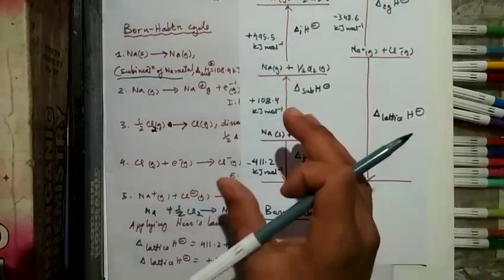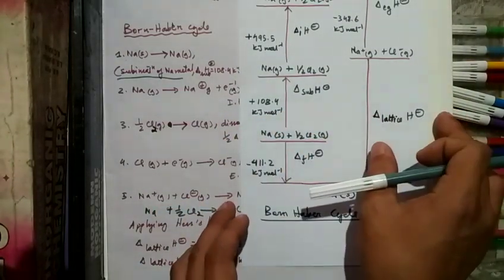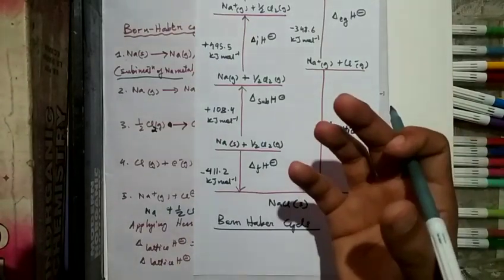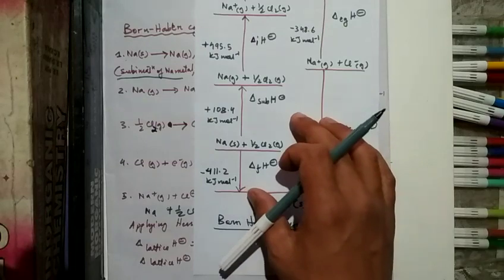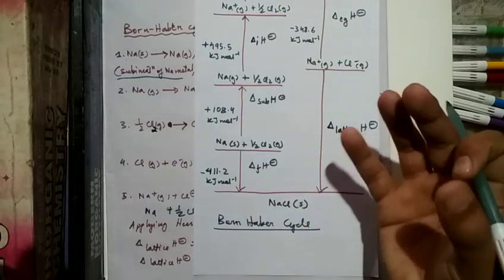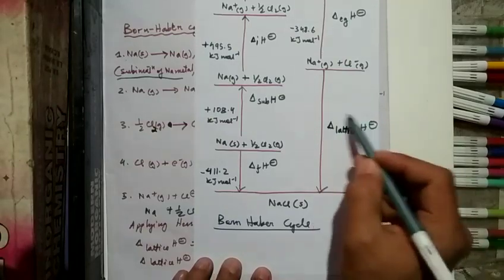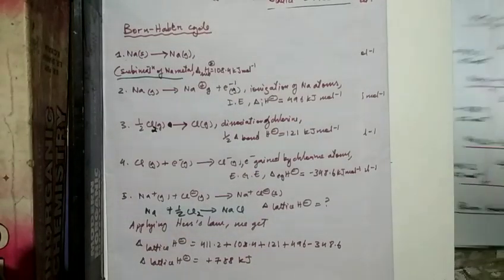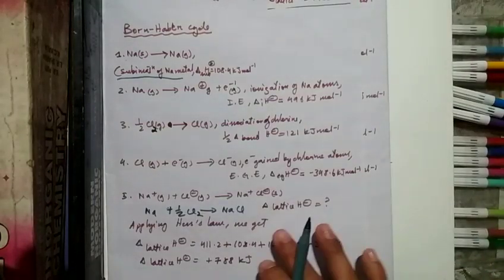Now this Born and Haber used Hess's law of constant heat summation to bring this cycle together and to calculate the lattice enthalpy. So how do we find this lattice enthalpy?